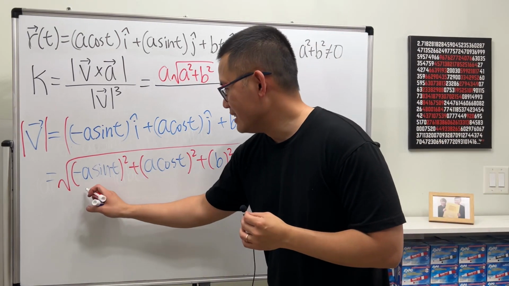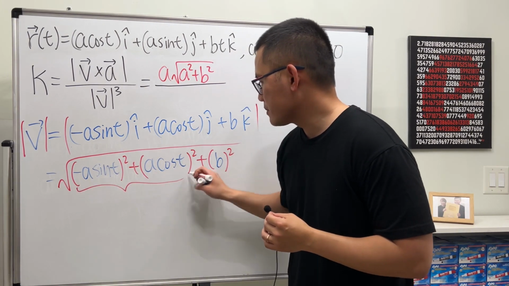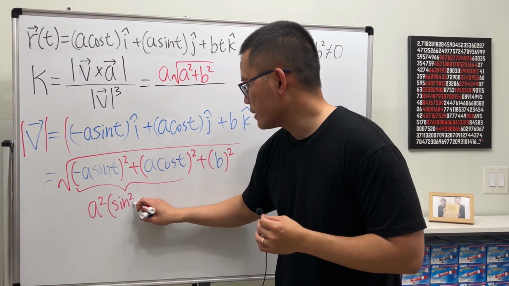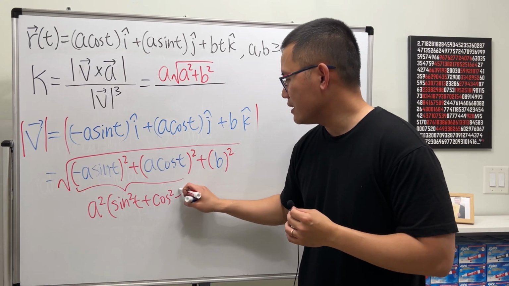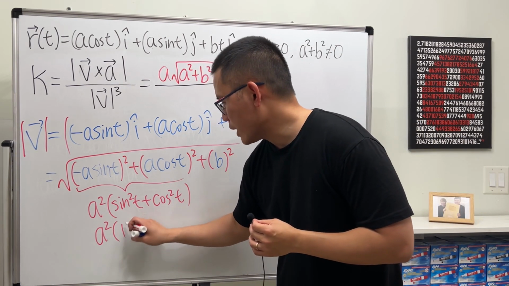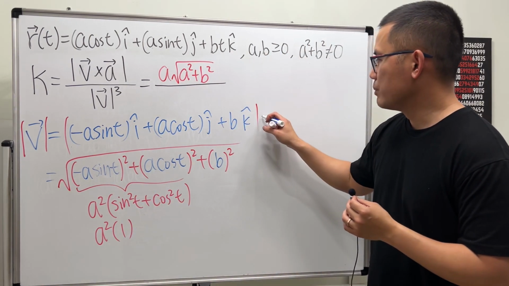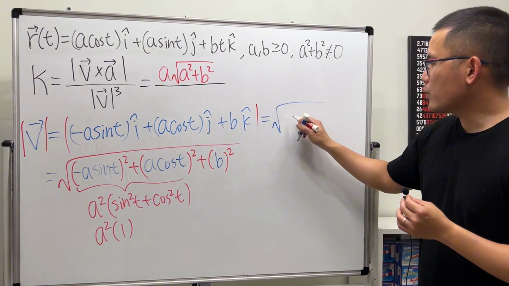Right here, this is going to be a squared, so we can factor that out. And then for the first part, we get sine squared t, and then for the second part, we add cosine squared t. This is the one that we love. So a squared times 1. So in fact, this is just going to be equal to the square root of a squared plus b squared.